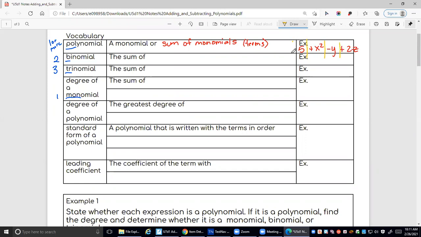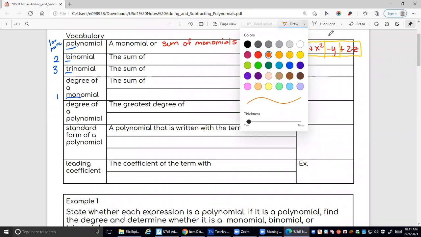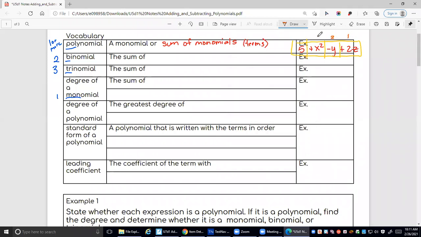And then we just draw a box around it and we count. So we have 1 term, 2 terms, 3 terms, and 4 terms, right? So this actually has 4 terms. There's 4 monomials there, right? And so one or more, it is a polynomial, okay? Let's try it again. Here we're gonna have the sum of 2 monomials. So it's 2 monomials.